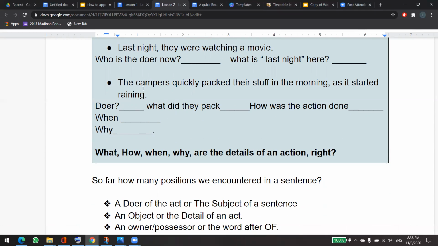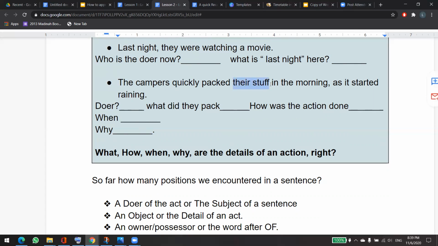Then another sentence. The campers quickly packed their stuff in the morning. So let's just focus on this part of the sentence. Packed is the action, right? So if action is there, then there is a doer. Campers are the doer. And what did they pack? Their stuff.